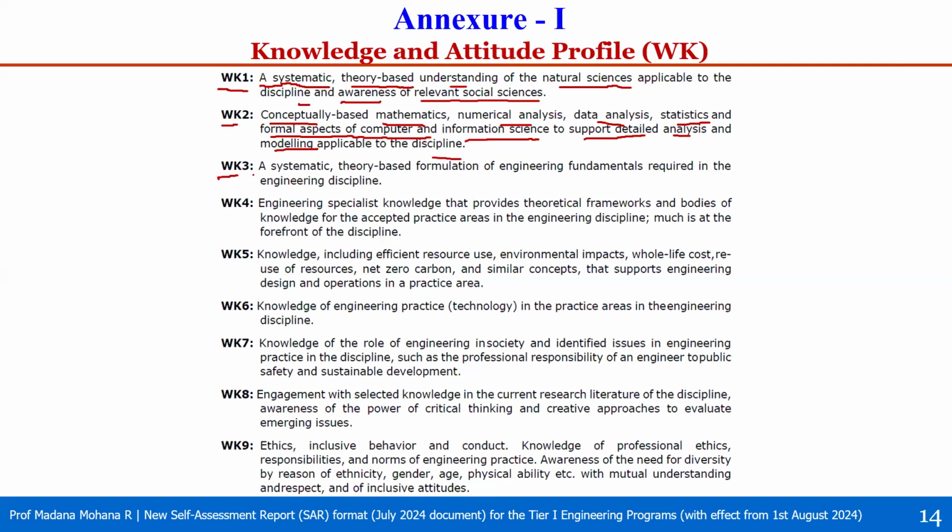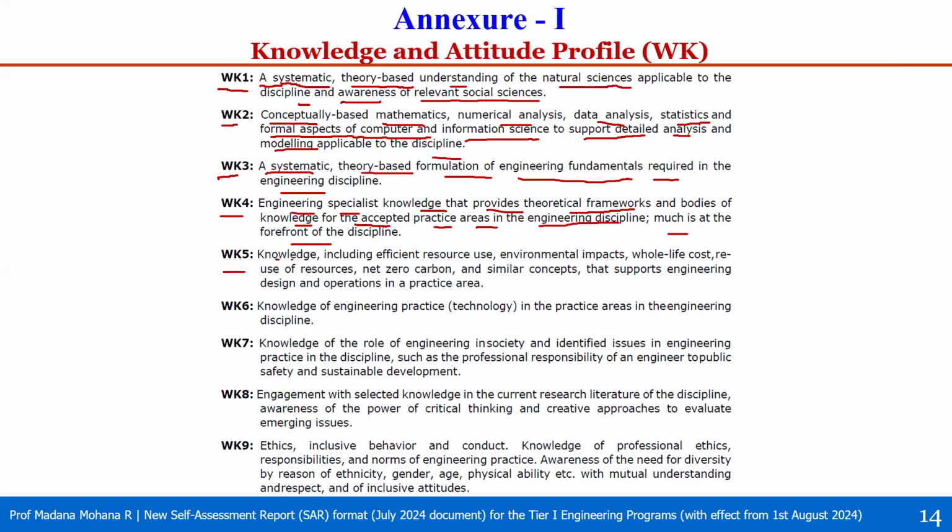Then WK3, a systematic theory-based formulation of engineering fundamentals required in the engineering discipline. Then WK4, engineering specialist knowledge that provides theoretical frameworks and bodies of knowledge for the accepted practice areas in the engineering discipline, so much is at the forefront of the discipline.